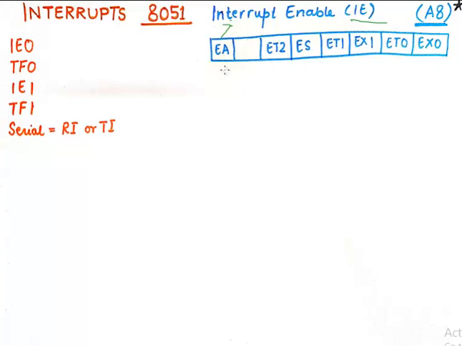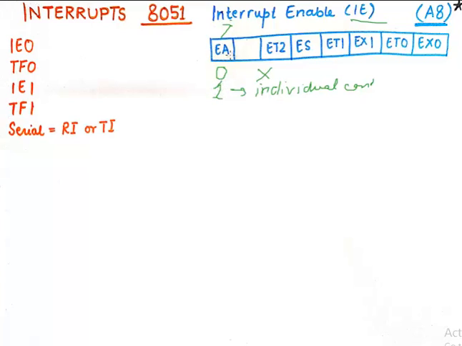If you make it 0, all the interrupts are disabled, and if you make it 1, then you have individual control of all the interrupts. So this is going to disable all the interrupts completely, and make it 1.